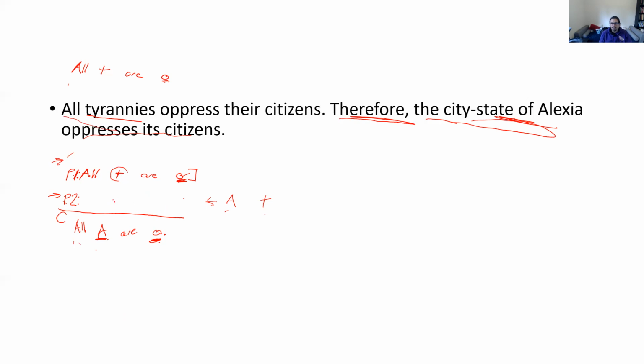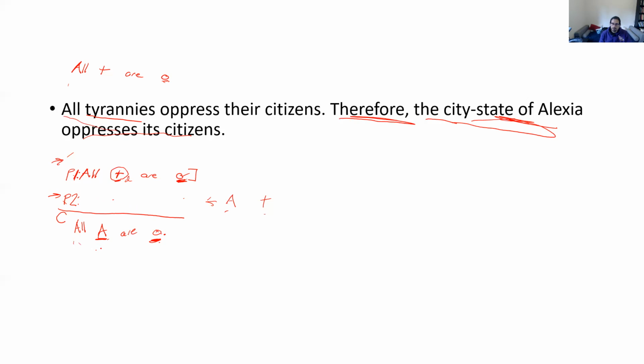So you can tell that kind of determines where it's going to be and what kind of sentence it's going to be. But it is distributed. It is distributed because it is in the subject of an A statement. So that means we don't have to worry about rule 1. It already fulfills the conditions of rule 1. So actually, based on rules 1 and 4 now, premise 2 could either be an A statement or an I statement.